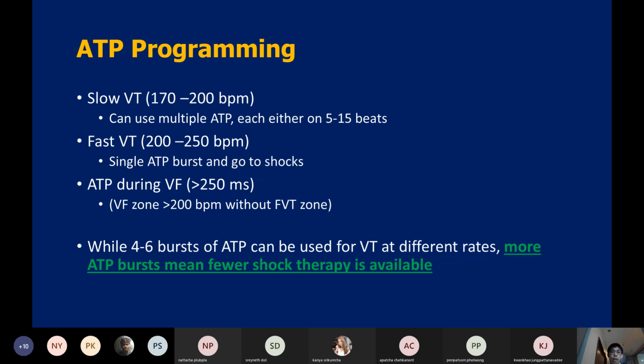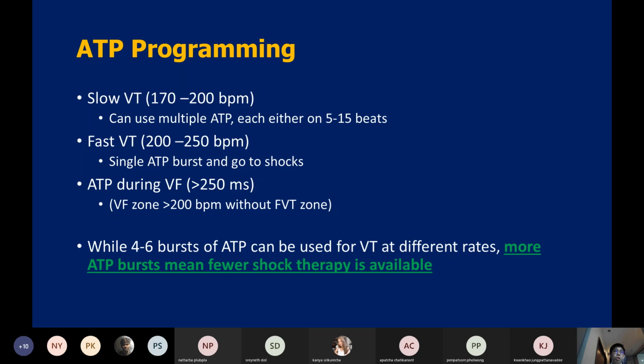It is a type of pacing used to terminate VT or VF. The pacemaker usually paces at a very fast rate for 4 to 6 beats, and then stops to see if the VT or VF has terminated or not.